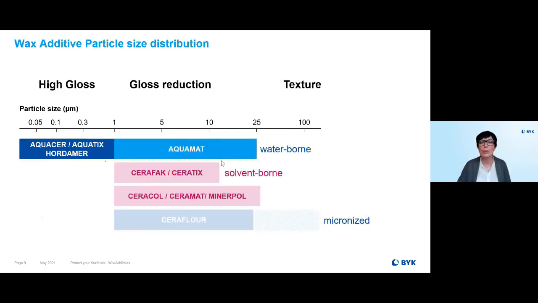All other products will give you at least a turbidity in your system or even a pretty nice gloss reduction. And we have even some CeraFlour which has a pretty high particle size distribution above 100 microns. So here you can have a very nice smooth texturing effect, which gives you even a good soft feel.